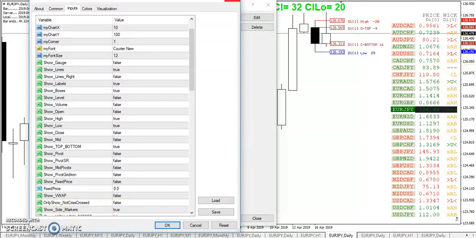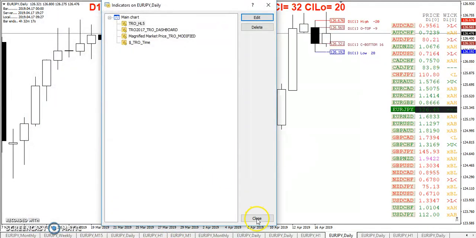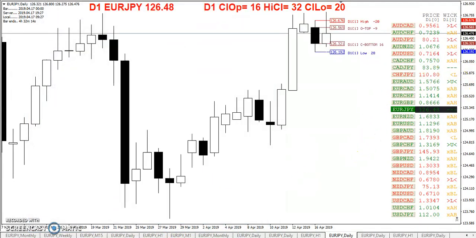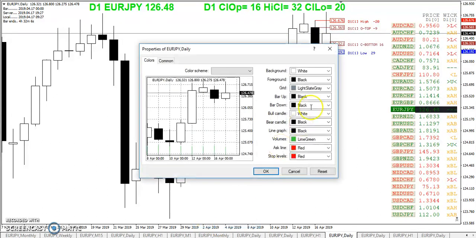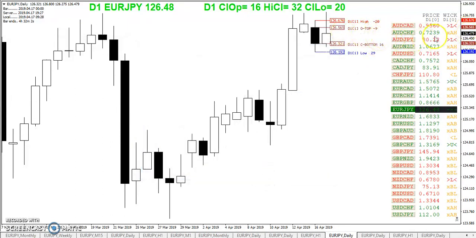And I call those side markers. So that way you can just look on the side here and you can see where price is in relation to everything else. One of the things I should have done on this chart, I didn't even think about it. If you turn the grid to none and you get rid of that line running through your gauge or your dashboard, you can see here that the current price is still right here.